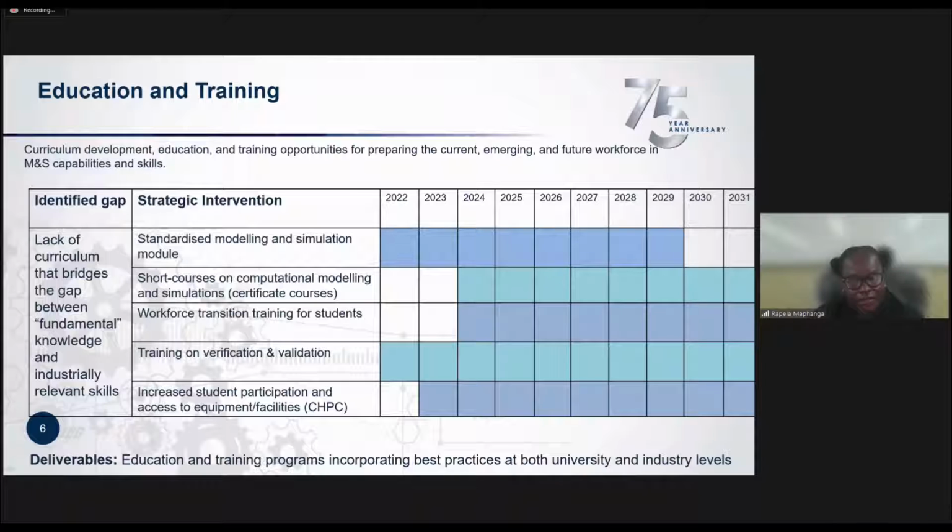In most cases, the students will be trained under the general science or engineering streams. It's only when they go to higher levels that they will choose to specialize in modeling and simulation. So as you can see, some of the strategic interventions could be to have standardized modeling and simulation modules.